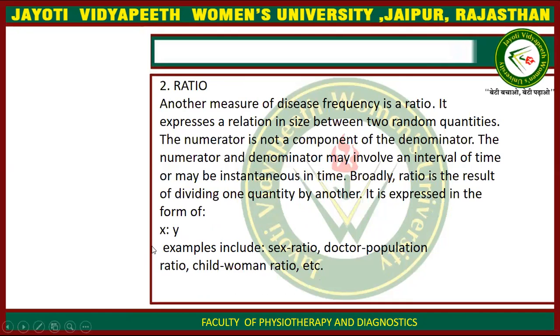Second is ratio. Another measure of disease frequency is the ratio. It expresses a relation in size between two random quantities. The numerator is not a component of the denominator.